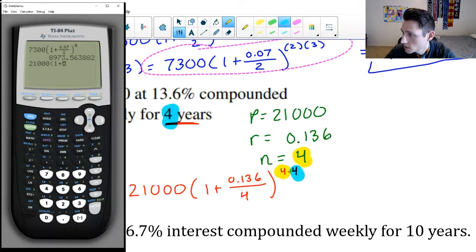So the numerator and denominator: 0.136 divided by 4, to the power of 4 times 4, 16. Enter.